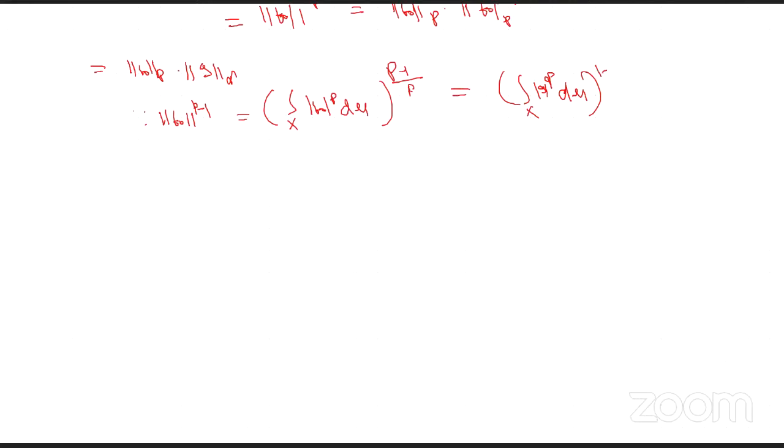One minus 1 by p is nothing but p minus 1 by p, that is 1 by q, that equals the norm of g.